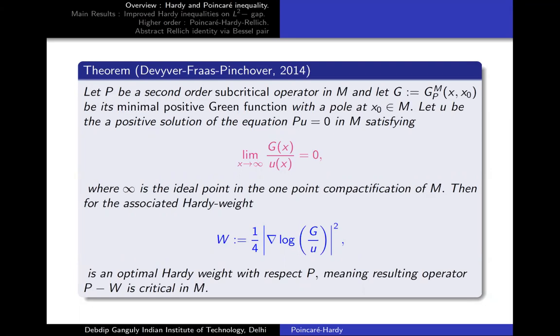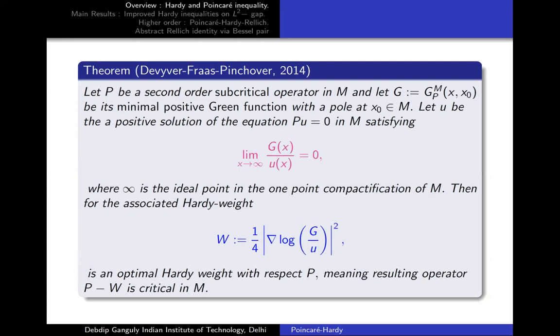Yes, this is the smallest; you consider the smallest possible G which satisfies P of G equal to delta x. And if I'm not mistaken, subcritical is the definition: it is subcritical if such a thing exists, right? Yes, if P is subcritical.